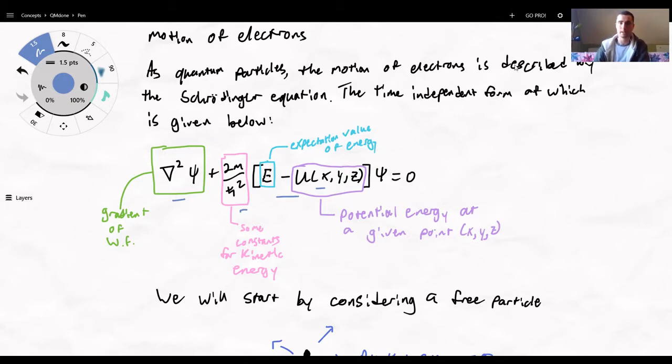That's all multiplied by this wave function, and all of that equals 0. So that's the time-independent form of the Schrodinger equation, dissected into parts. If you're unfamiliar with how each of these bits work, you can go into the textbook, or there are pretty decent resources online that'll help you understand it. But for our purposes, this understanding should be just fine.